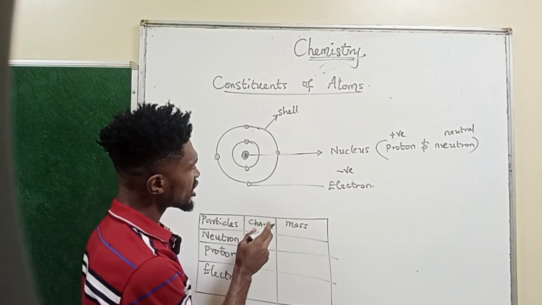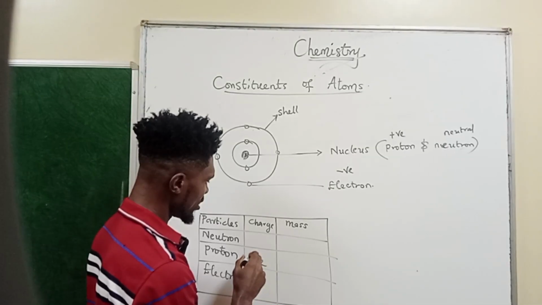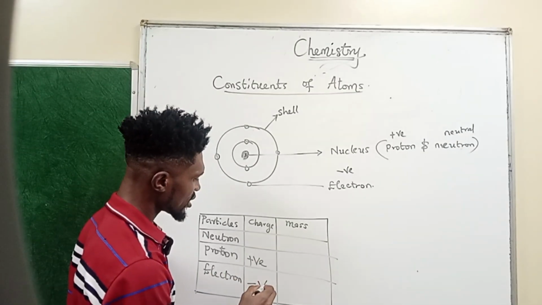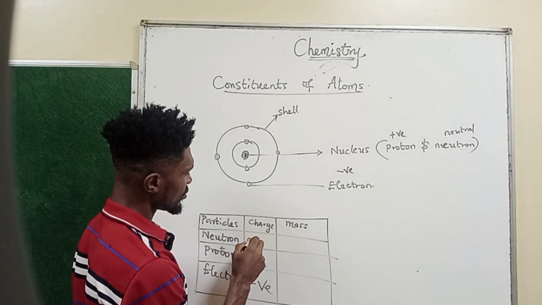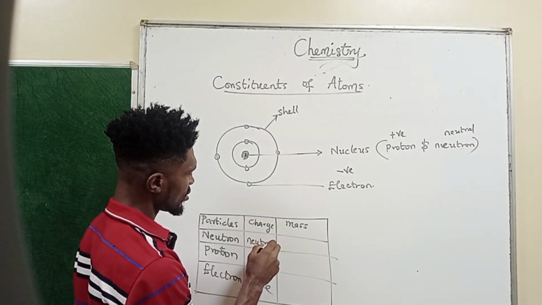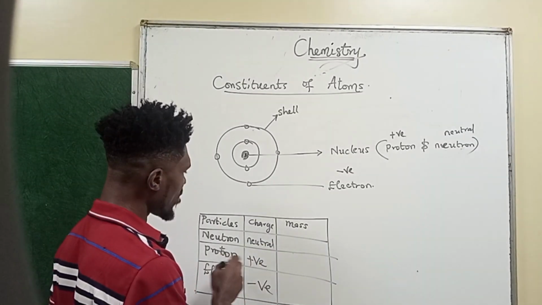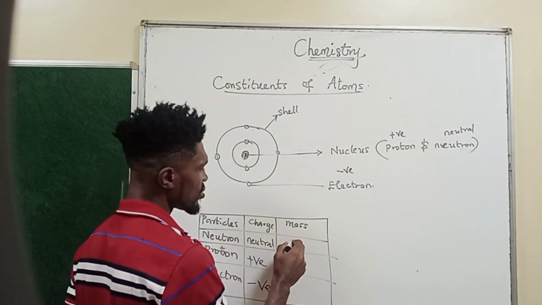Okay? Now, let's have a proton anyway. The charge of proton is what? Positively charged. Electron is what? Negatively charged. And neutron is what? Neutral. Right? Then the mass number of proton is what? 1. The mass number of neutron is 1.